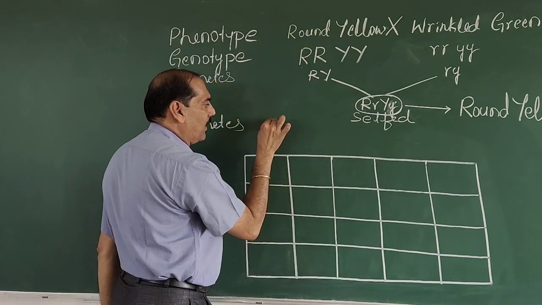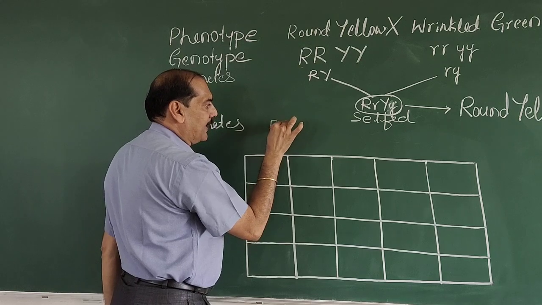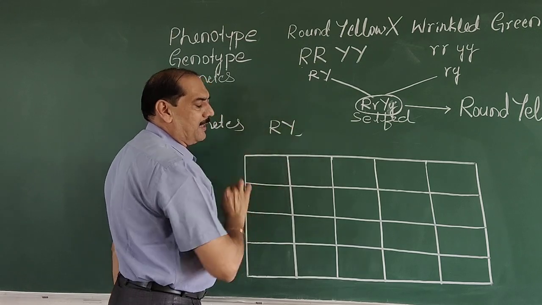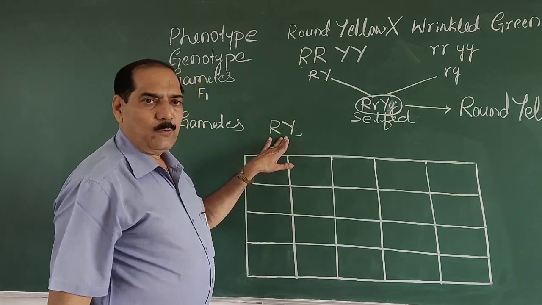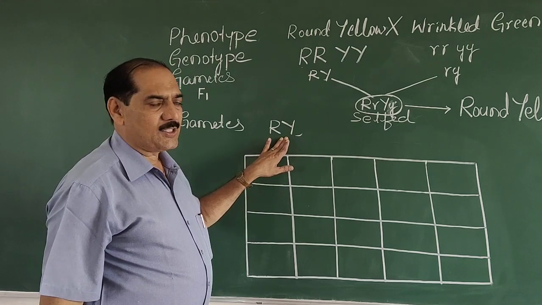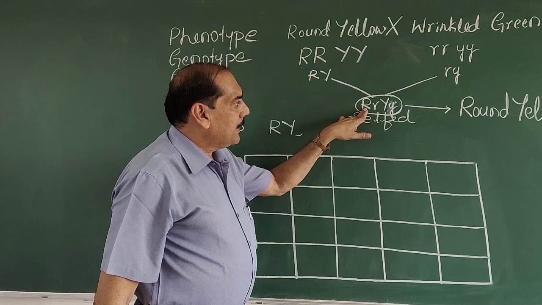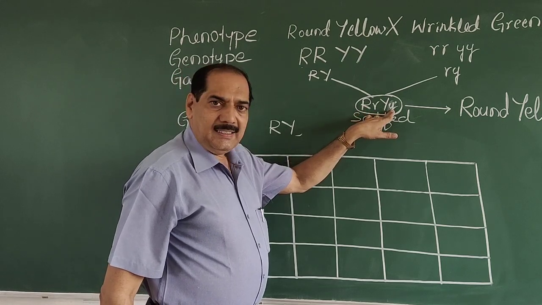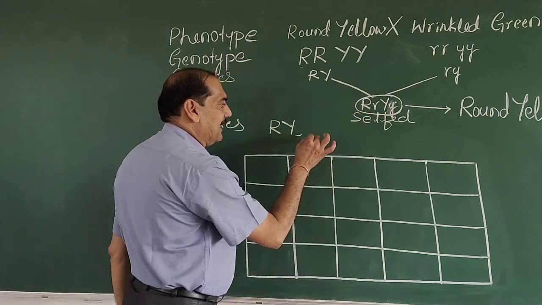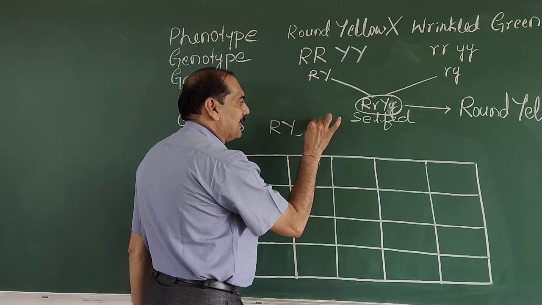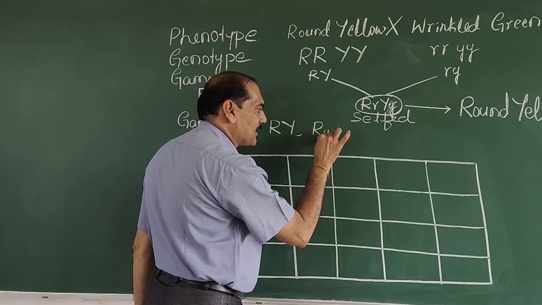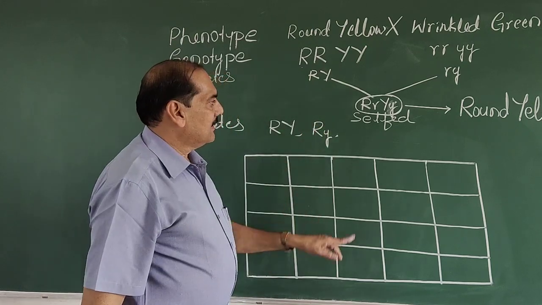This is one type of gamete, capital R and capital Y. So there is a possibility of formation of one such type of gamete. This round may combine with a green also. It is another type of gamete. This possibility also it has.